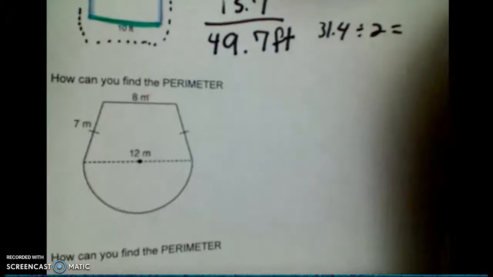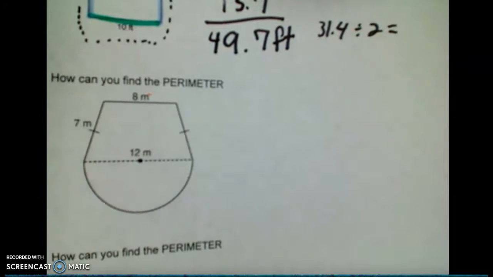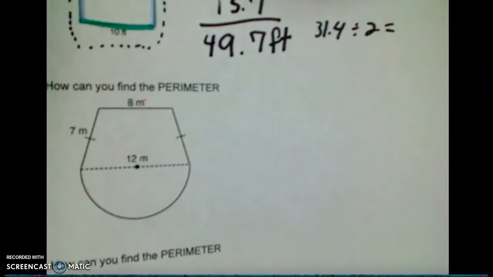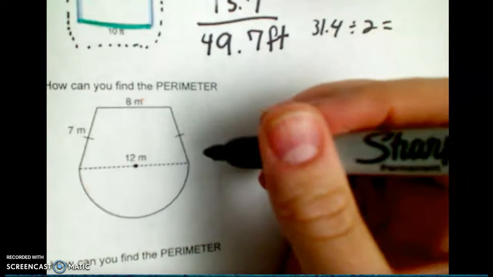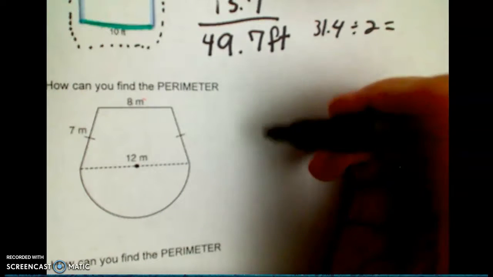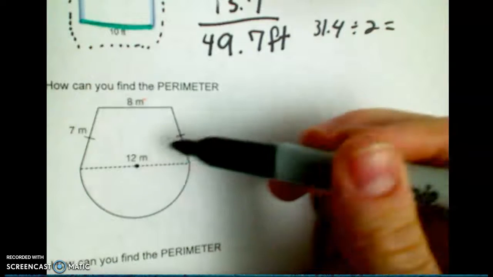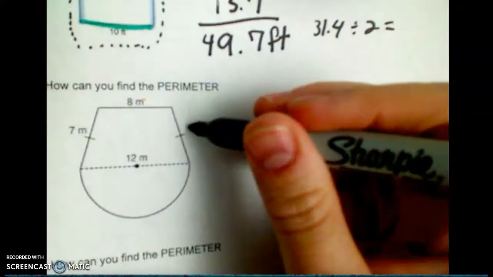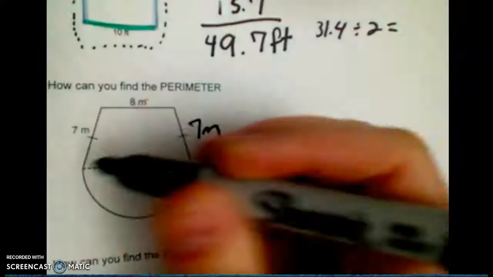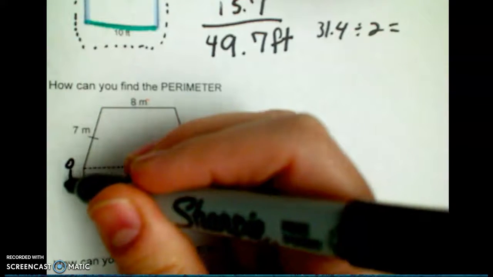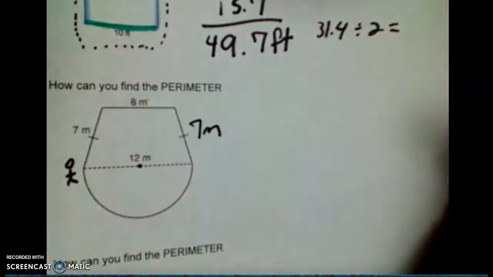Now, as you look at this one, we notice that it is a trapezoid. However, because we're not finding area, walking around this should be very easy. These lines right here indicate that both sides are 7 meters. So, let's take our little man, hello, and we're going to go for a walk.